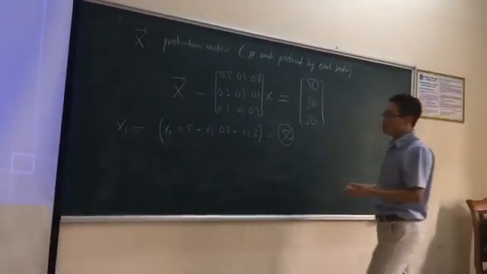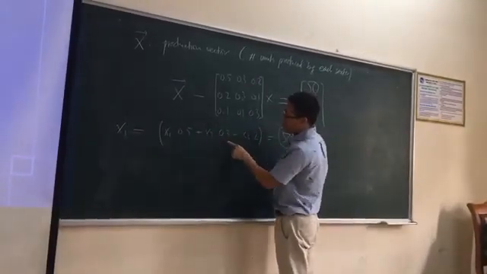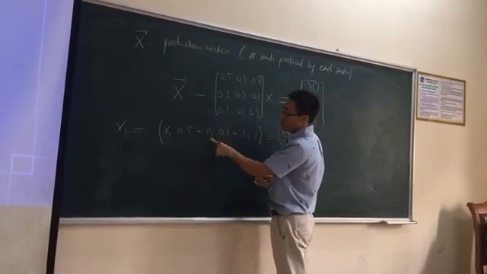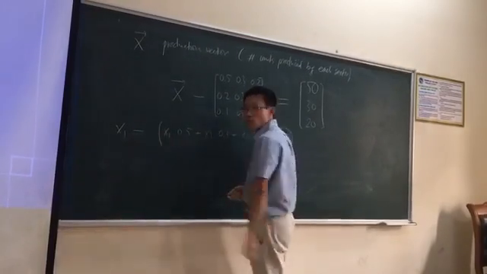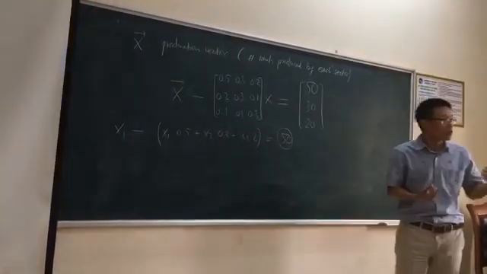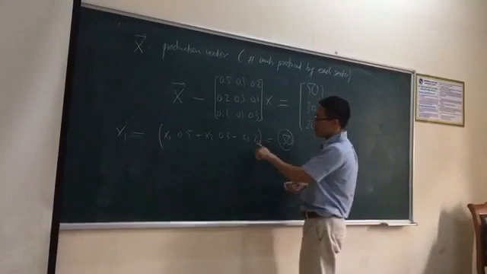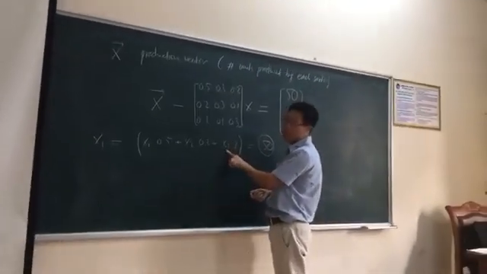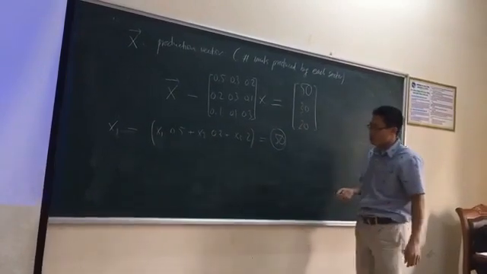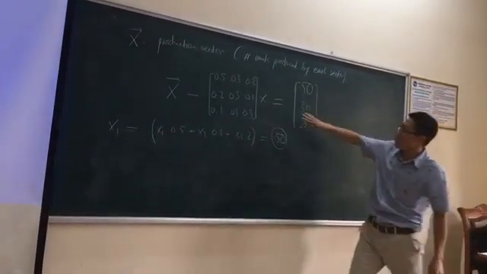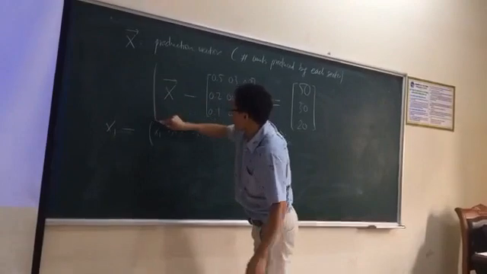And 30% of x2, so 30% of agriculture, is used to produce manufacturing goods, and then 20% of services is used to produce the manufacturing goods. And so on. And then we get this system.